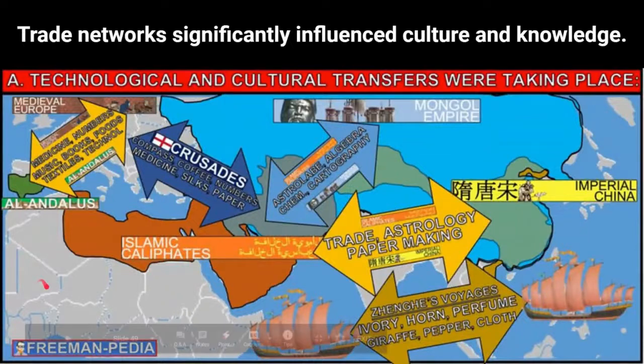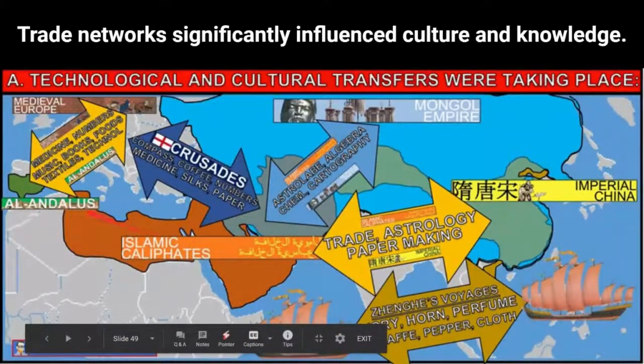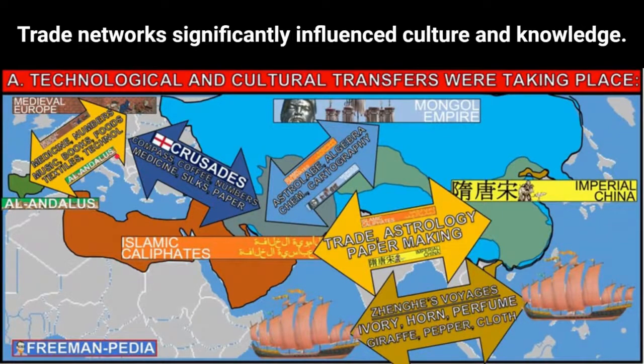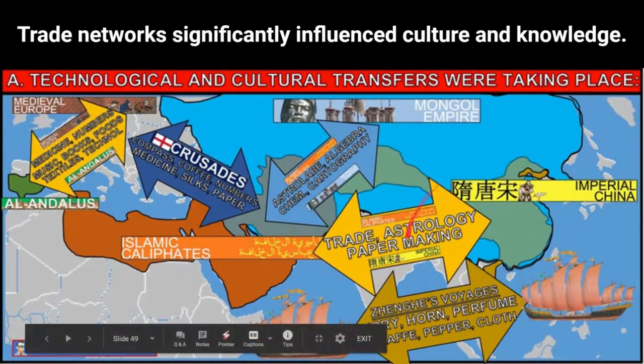Your main powers at this point are going to be Dar al-Islam, medieval Europe, the Byzantine Empire kind of in between the two, and the Mongol Empire at one point controlling Imperial China as well, and then Southeast Asia. So this shows you how those exchanges happened and what the main things being exchanged in each instance were.